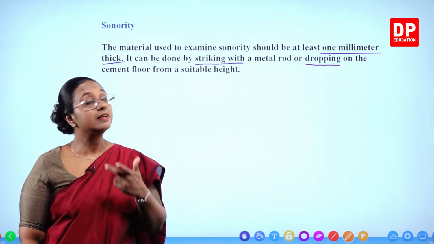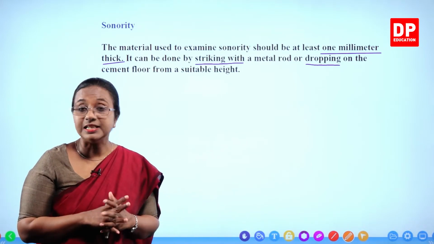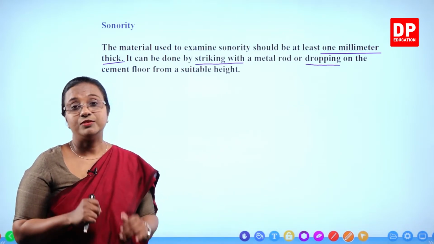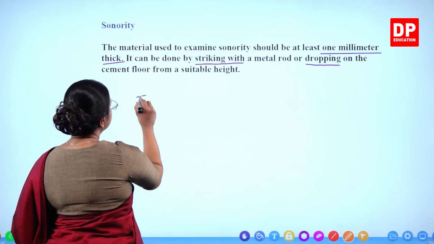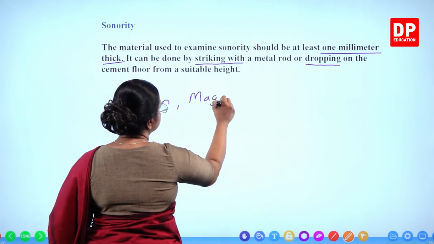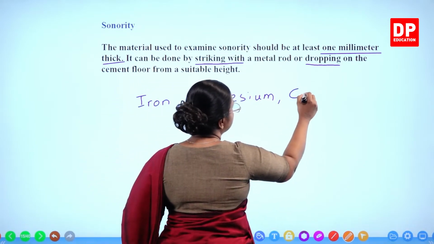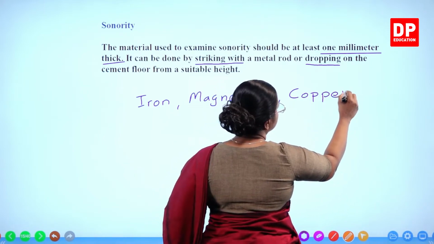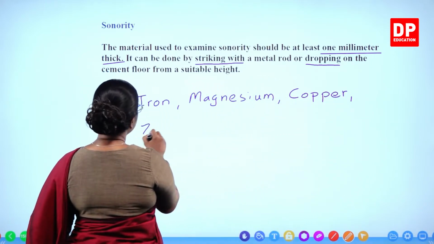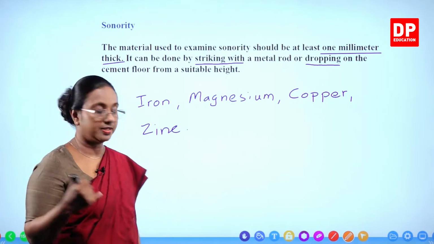Sulfur, lead, graphite, they do not show sonorous sound. Is that clear to you? You have to remember that. Iron, magnesium, copper, zinc, all these have sonorous sound or sonority.